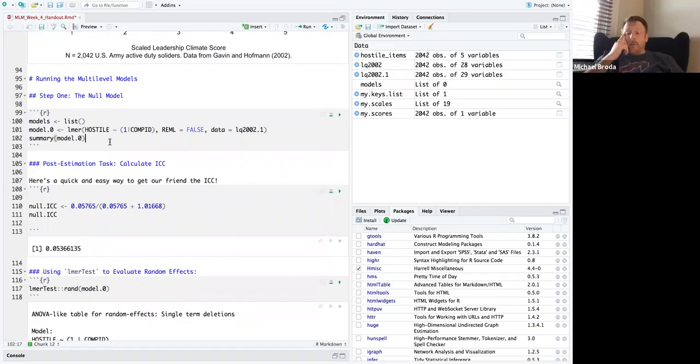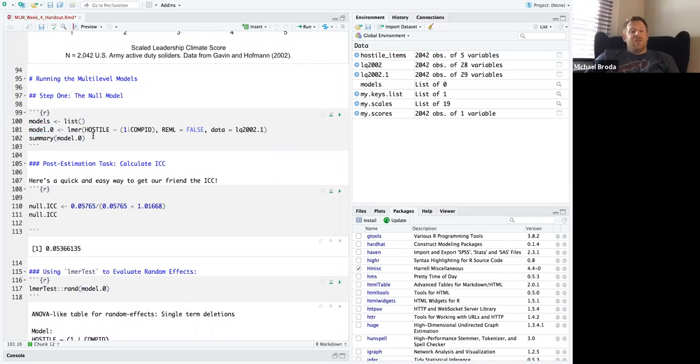Okay, so the first thing we want to do is run a null model for our outcome, which is hostile. And to do that, we learned about how to do this last week. So we always want to give our models a name so they become objects, and we can come back to them later. So I'm going to call this model.0 because it's the first model I need to run before I get to the substantive stuff.